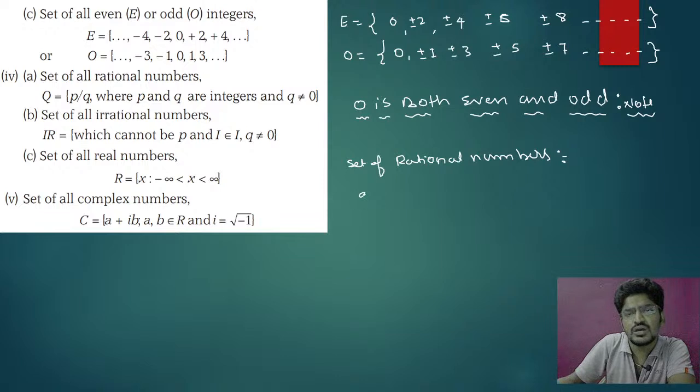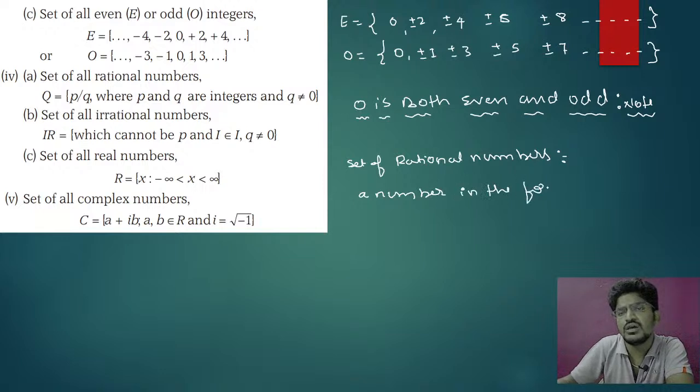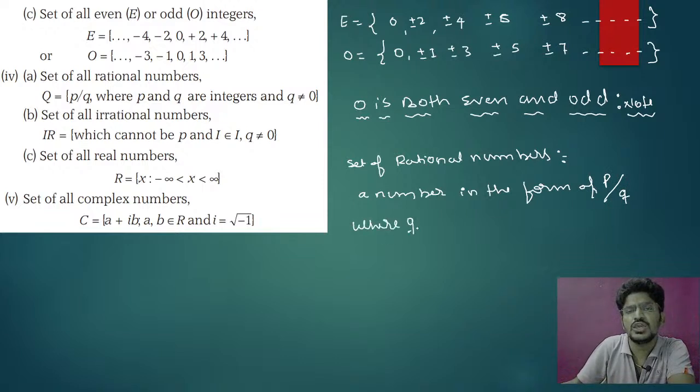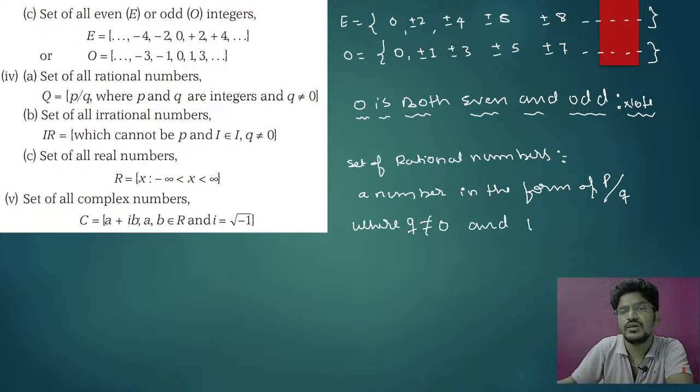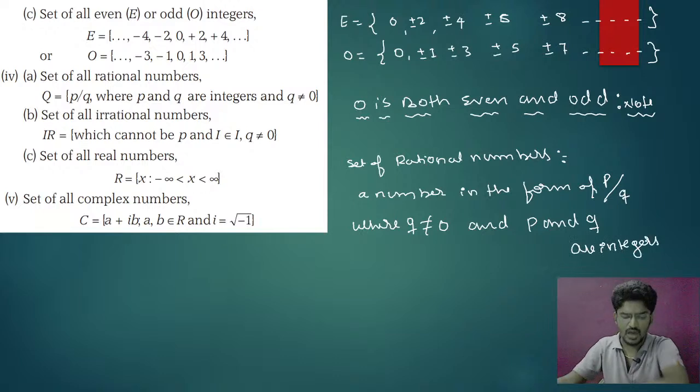A number in the form of p by q, where q is not equal to 0 and p and q are integers, is called a rational number.